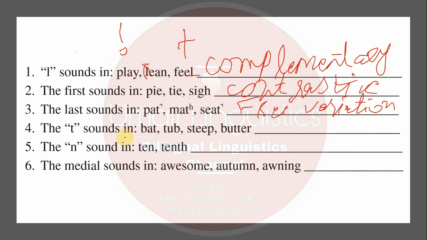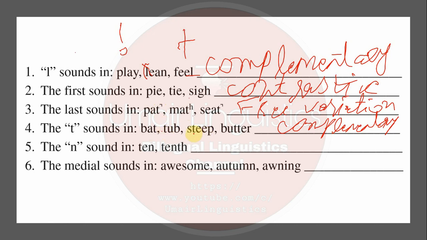Then the t sound in bat, tub, steep and butter. Once again, this is complementary distribution. Why? Because when t comes at the end, it can be aspirated or unreleased, but usually it is not as aspirated. But when t comes at the beginning, it is surely aspirated.